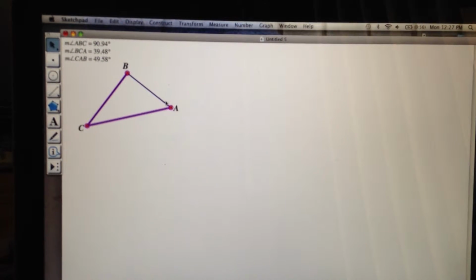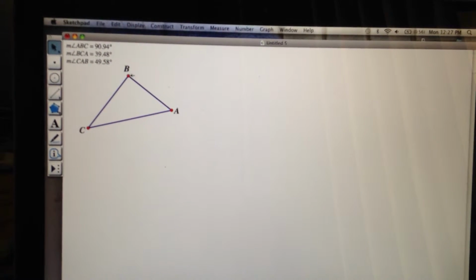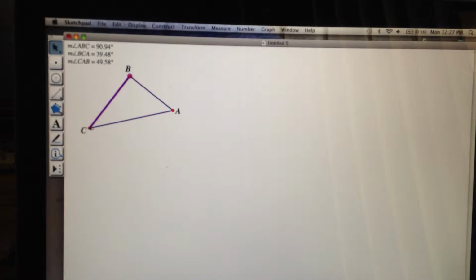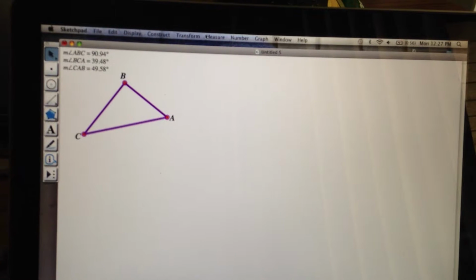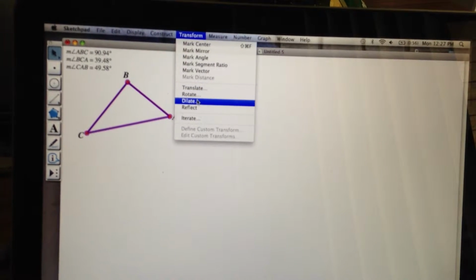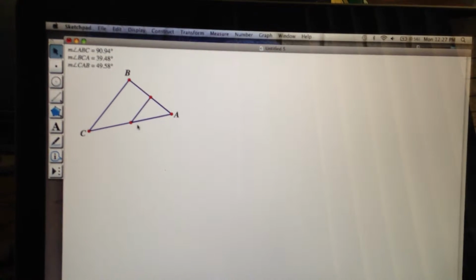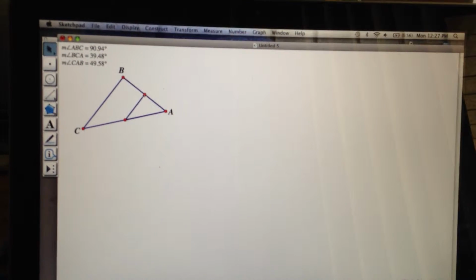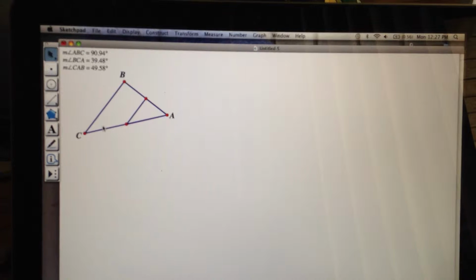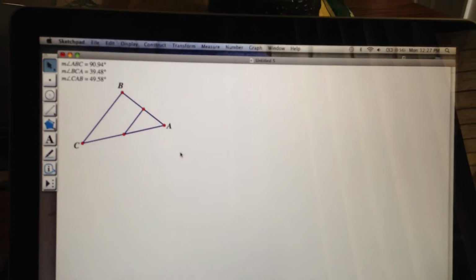So to do that, I am going to use the dilate tool. Click all of them. Transform, dilate. Yes. So there's a triangle, and this is just a small version of triangle ABC.